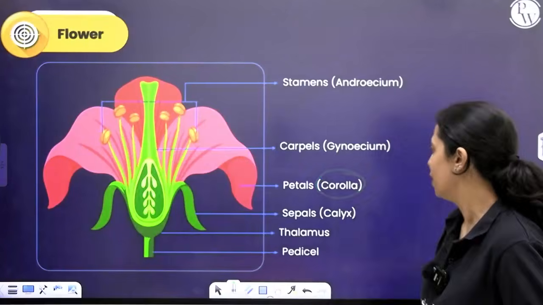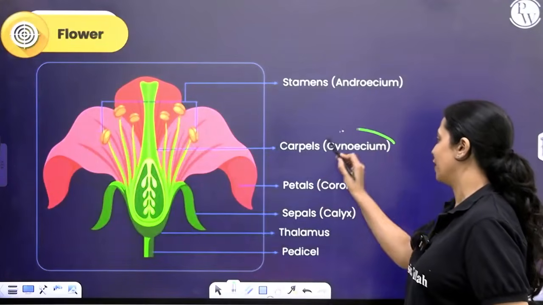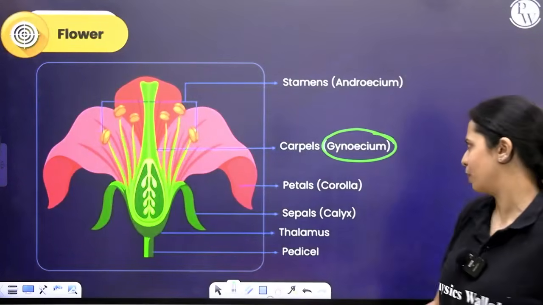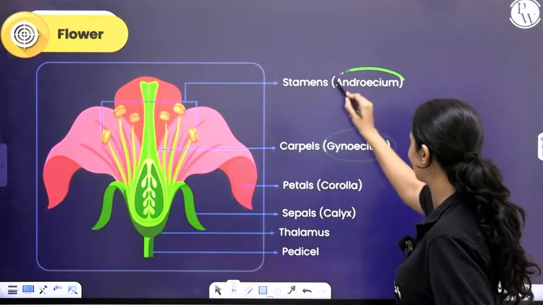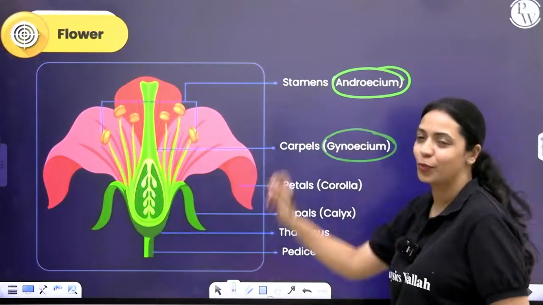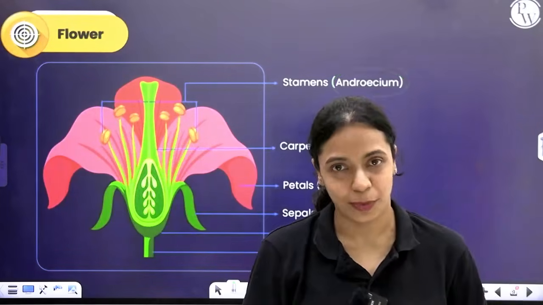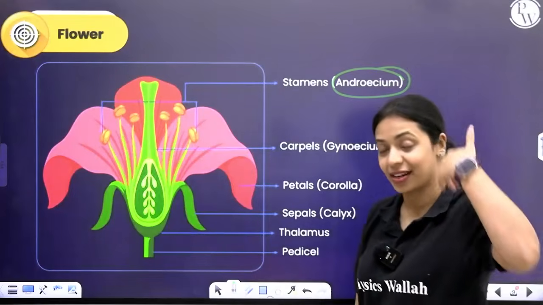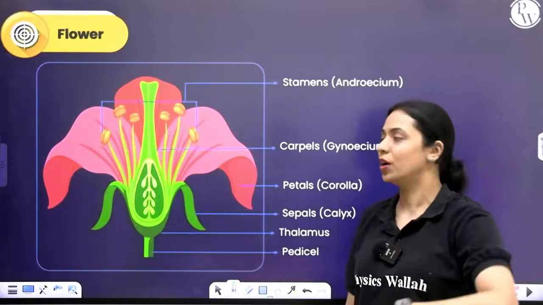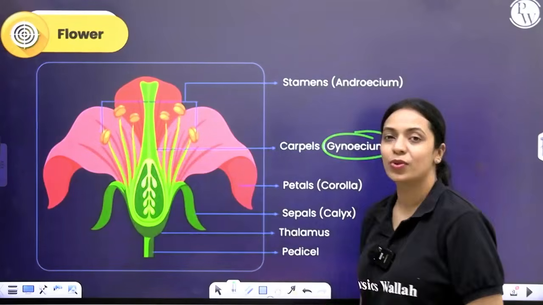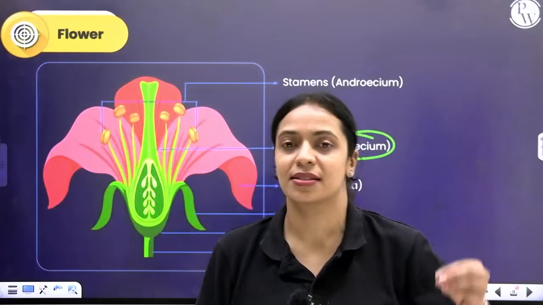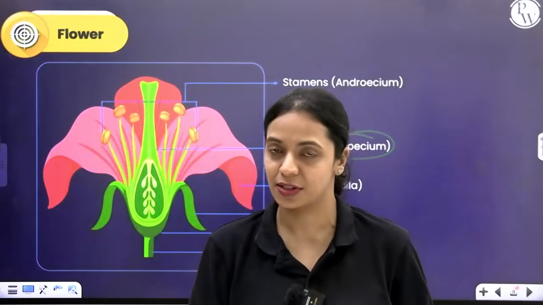Inside that, you have the androecium, which is composed of the stamens, which is the male reproductive part of the flower. And right within, in the innermost whorl, we have the gynoecium, which is the female reproductive part. It has units called carpels that it is composed of.